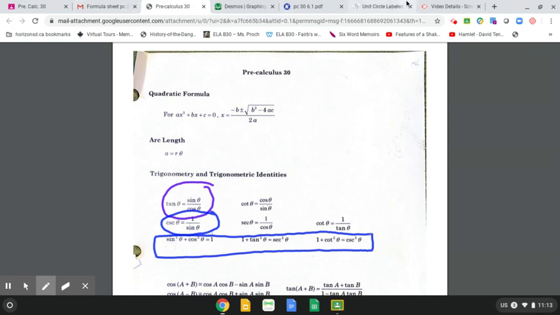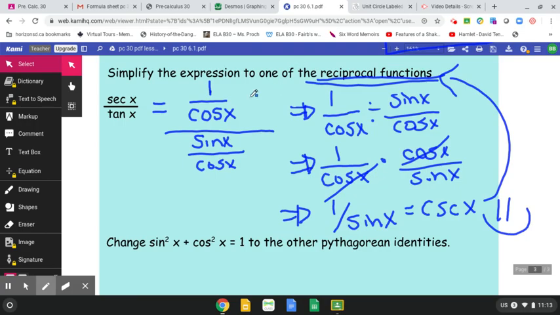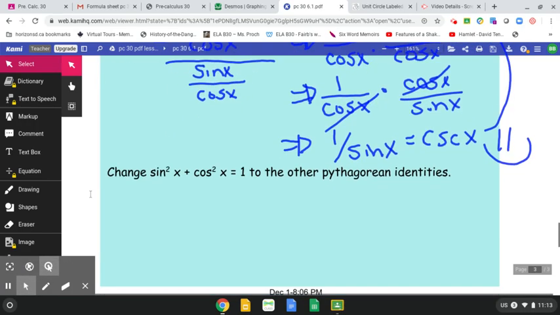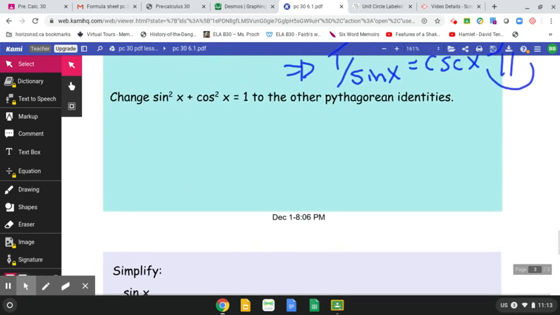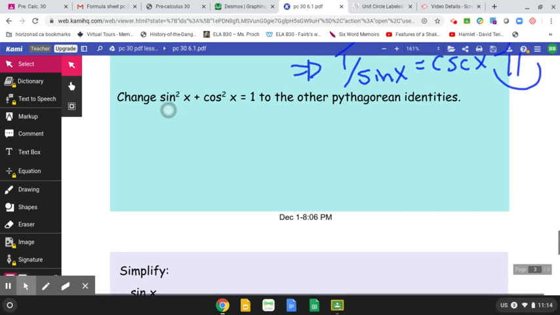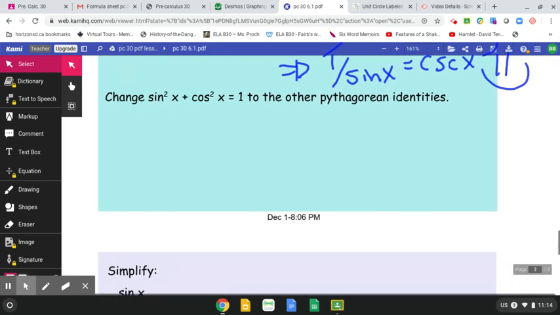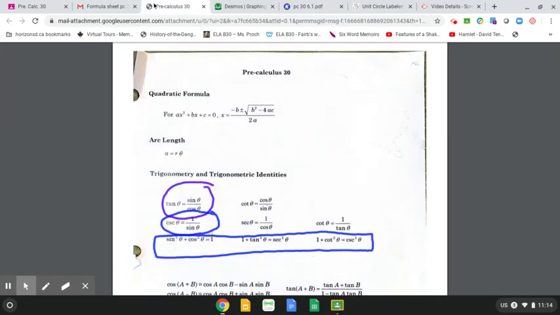That's why they're called Pythagorean. So what this question has us do is just rearrange them, so that you know that you're allowed to do that. So it says change sine squared x plus cos squared x equals 1 to other identities. So if you look here, that's this first one right there.